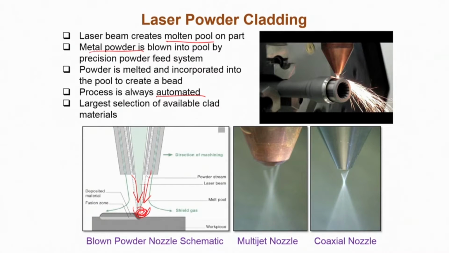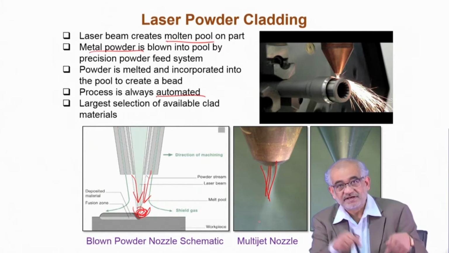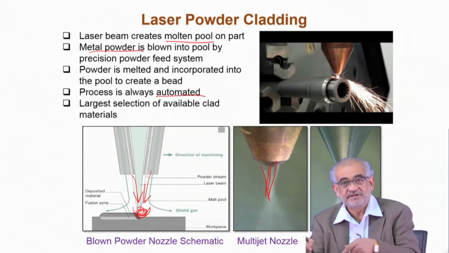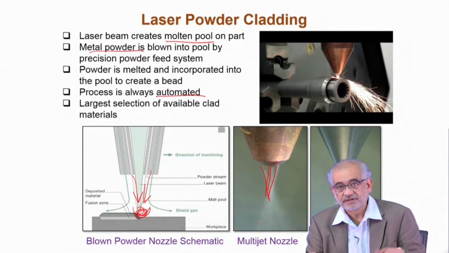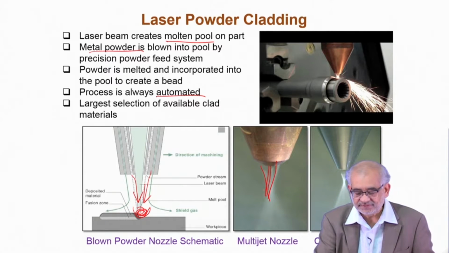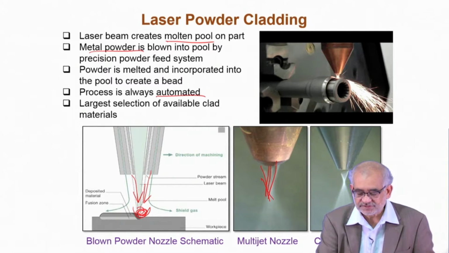You can have a multi-jet nozzle, so I can have 1, 2, 3, 4 multi-jet nozzles. So I can have multiple powders, maybe a carbide, maybe nickel, maybe cobalt or maybe some alloy. Various powders can be fed in, and this is the crossover position.